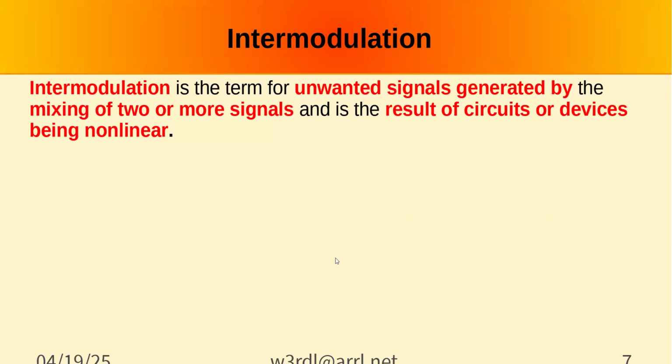Intermodulation. You have these mixing products and you get some that you don't really want as a result of that, and they call it intermodulation. It's really just a result of mixing in a nonlinear device.